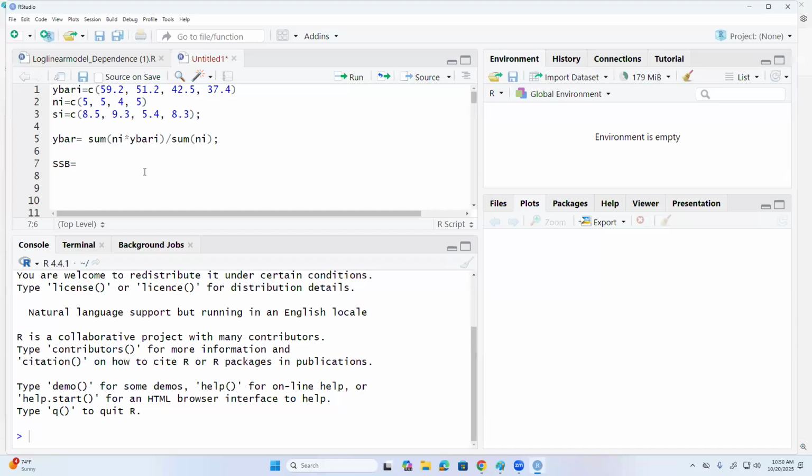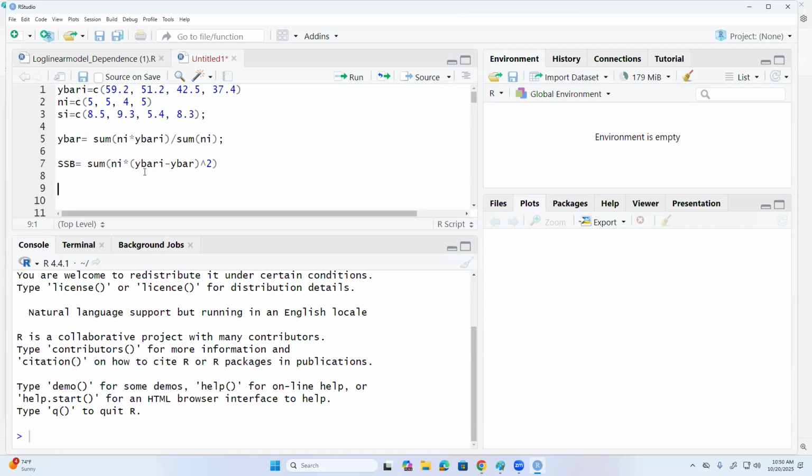So SSB is the sum of n_i times (y bar i minus y bar) squared.